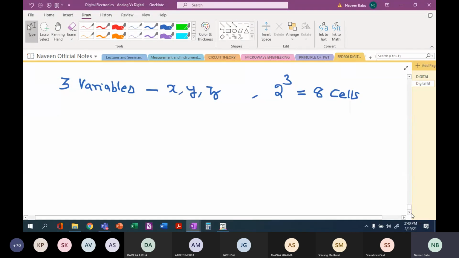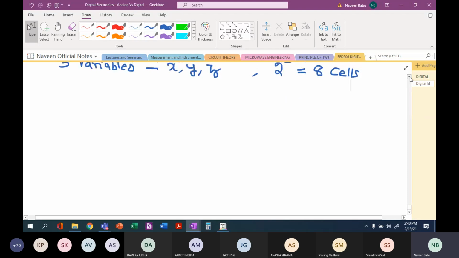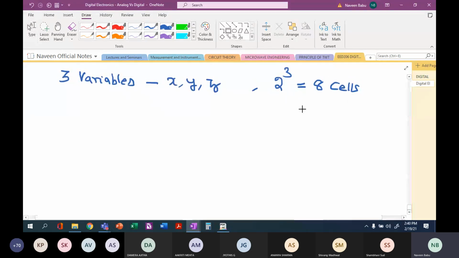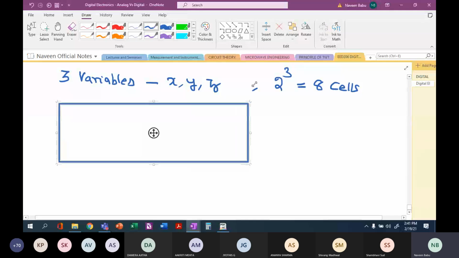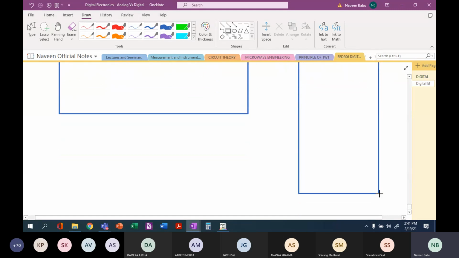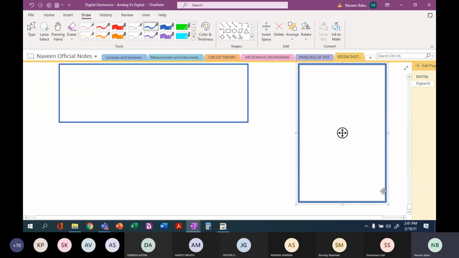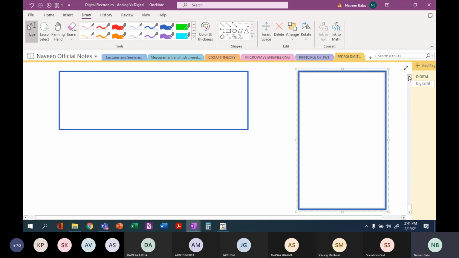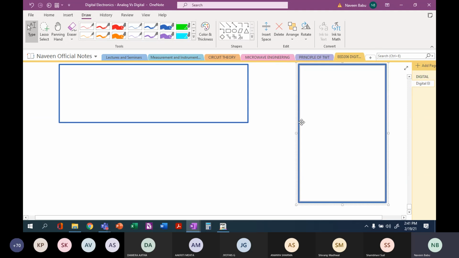We can have 8 cells either like this, or you can also have cells like this. So what are the variables here? What are the input combinations?